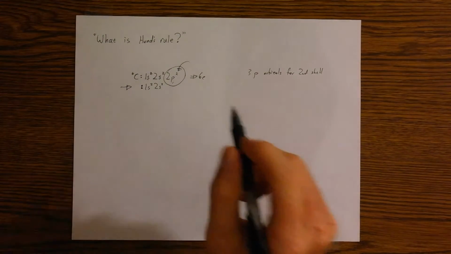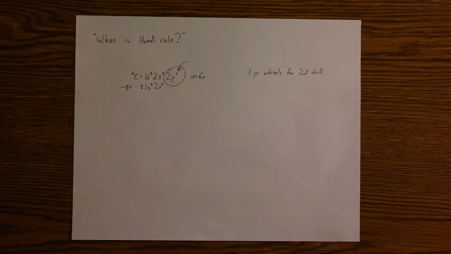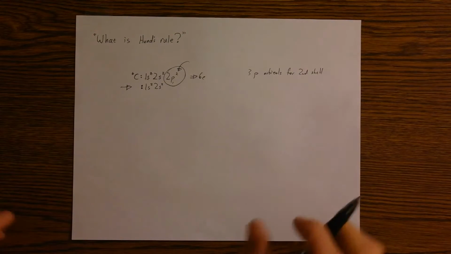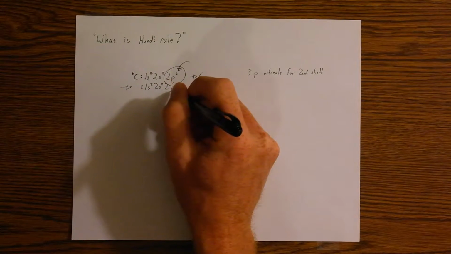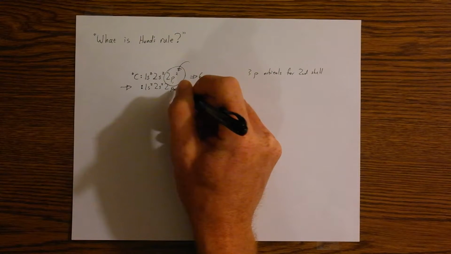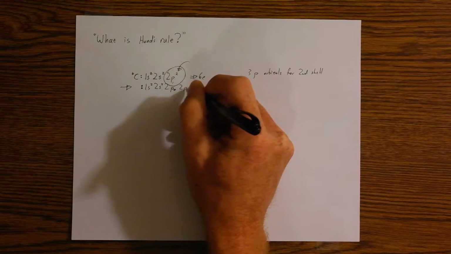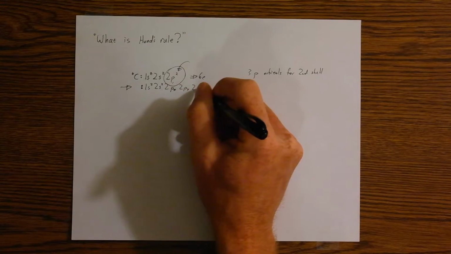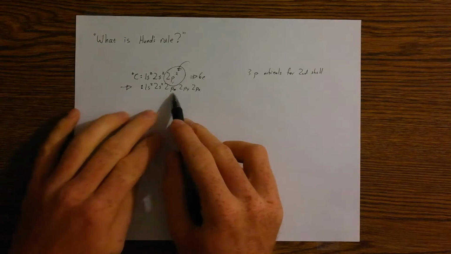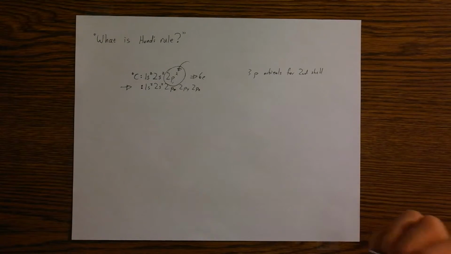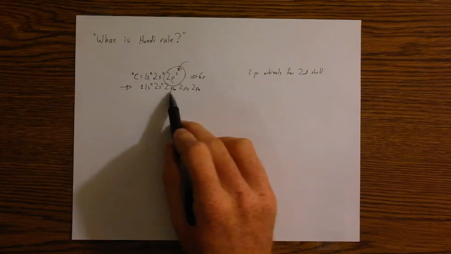Then I'm going to draw all 3 possible p orbitals for the second shell. I'm not going to put any electrons in them, I'm just going to draw them. 2px, 2py, and 2pz. This doesn't mean that these orbitals are of different energy levels. I'm just giving them different names so you can distinguish between each of these 3 orbitals.